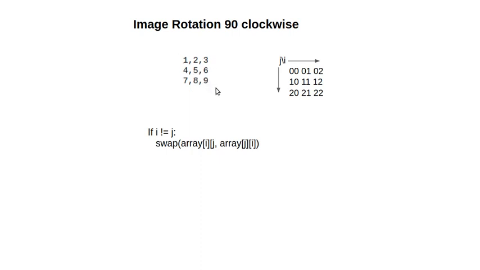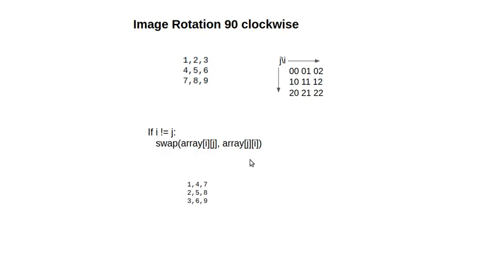The diagonals are not going to change because i and j are equal. So this is the first operation. The output is going to look like this, because we swapped 2 with 4, 7 with 3 and 8 with 6.